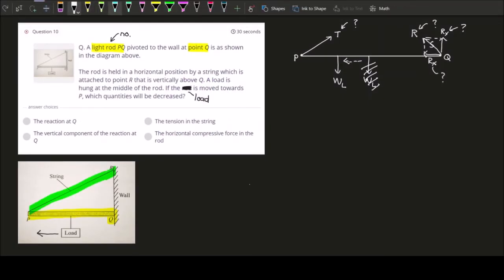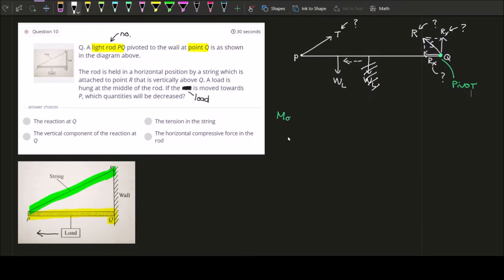Okay, so let's pick this point Q here as our pivot. If we pick this point Q as our pivot, if we move this weight of the load further away from the pivot, okay, let's write it down slowly.